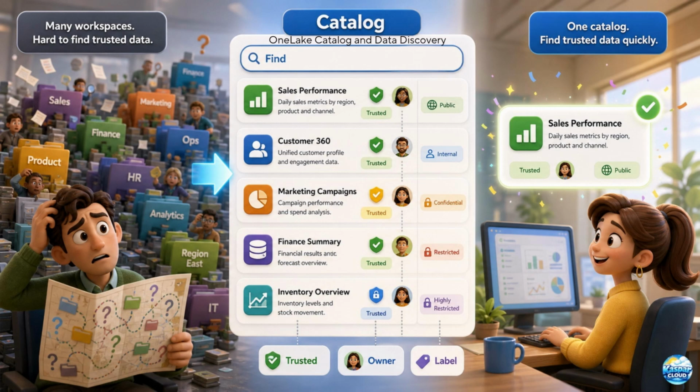This is especially important in a distributed ownership model where departments manage their own workspaces. A good catalog strategy should include clear item names, descriptions, endorsement practices, sensitivity labels, and ownership metadata. Without strong discovery practices, even a unified data lake can become difficult to navigate.